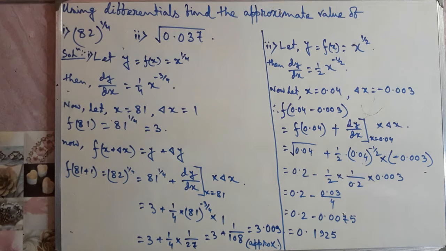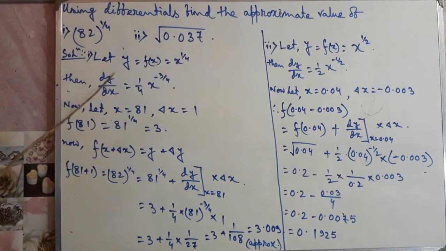Using differentials, we have to find the approximated value of 82 to the power 1 by 4 and root over 0.037. At first, let y equal to f of x, that is equal to x to the power 1 by 4.